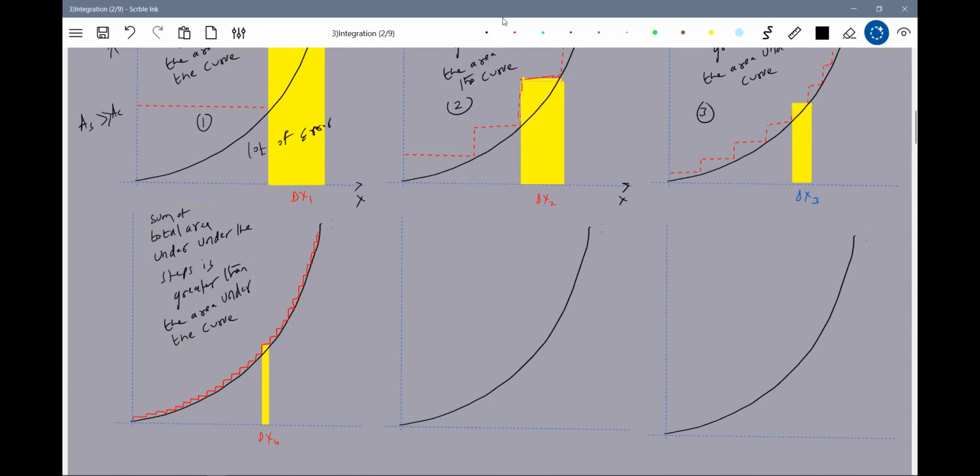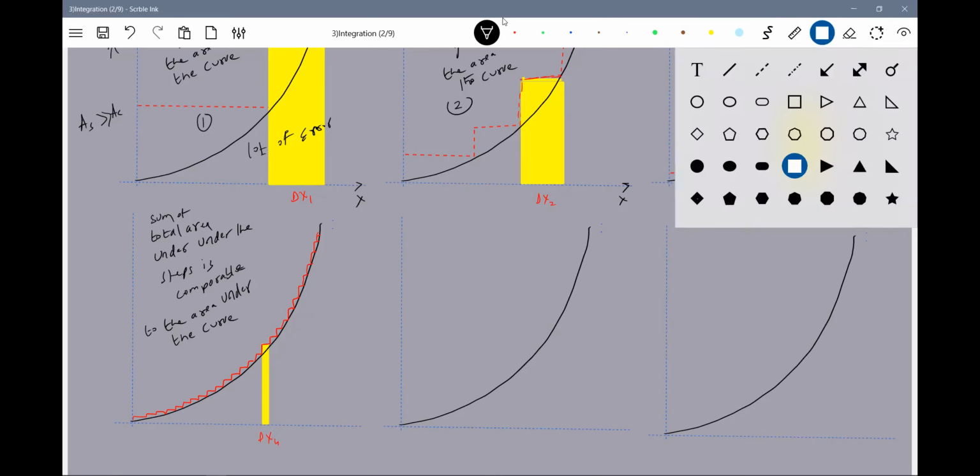Sum of total area under the steps is comparable to the area under the curve. So what I should do here, like I should make this as small as possible, no? So how much of small I'll make it? I'll bring here a very small one.